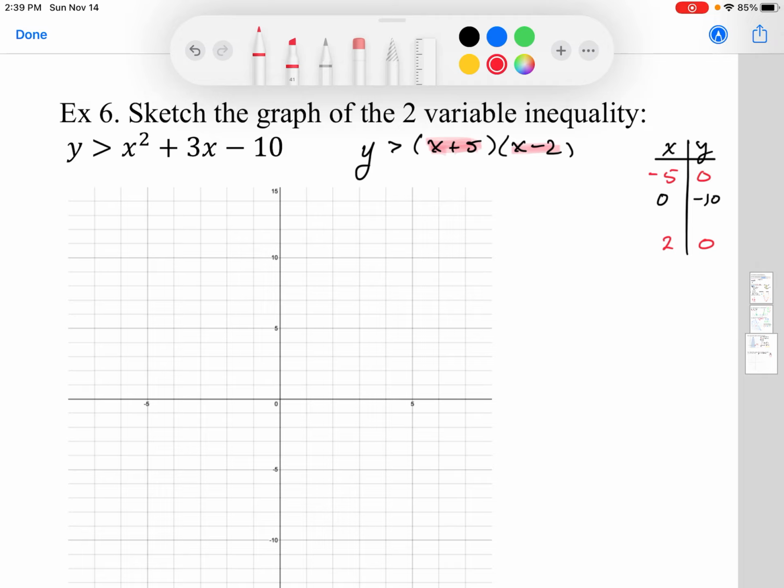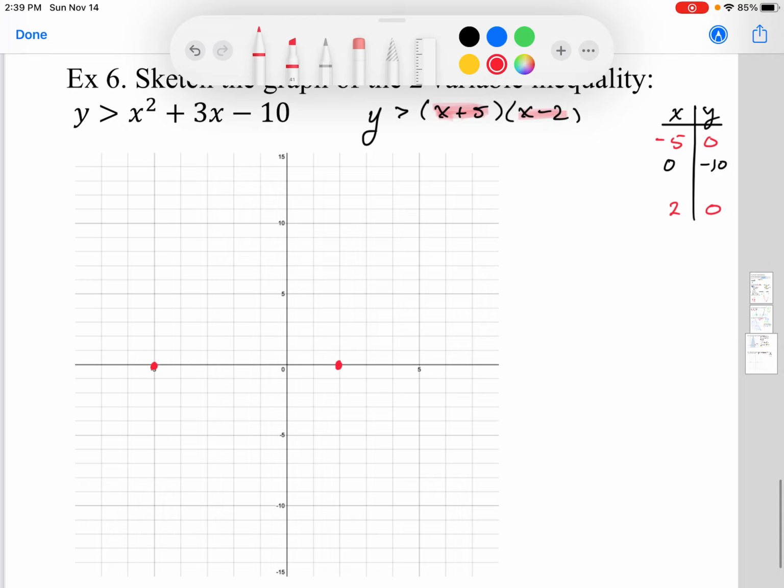I'm going to draw those in. I know the parabola faces up, and I've got a y-intercept at negative 10. I'm going to sketch that in. I probably want another symmetrical point to that, which I could do, but I could also just find the vertex. So I think I'll just find the vertex.